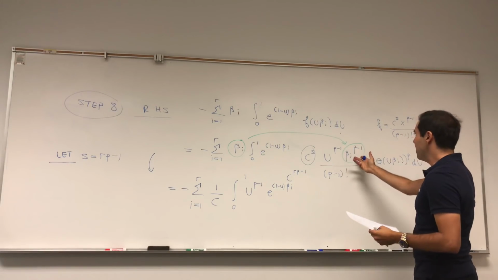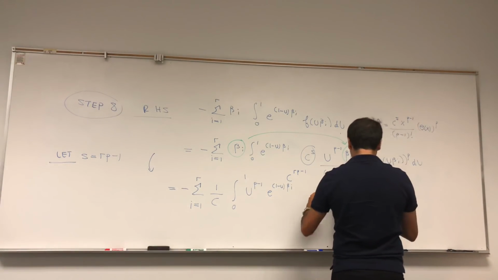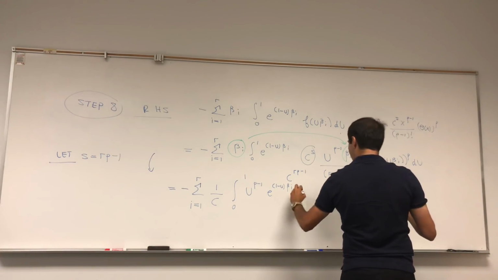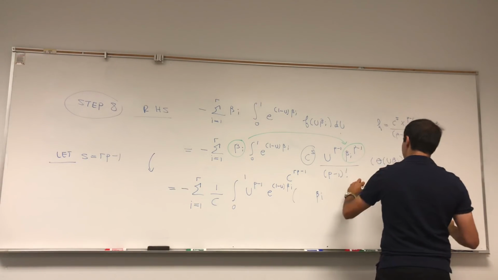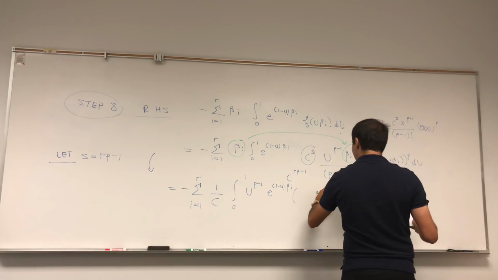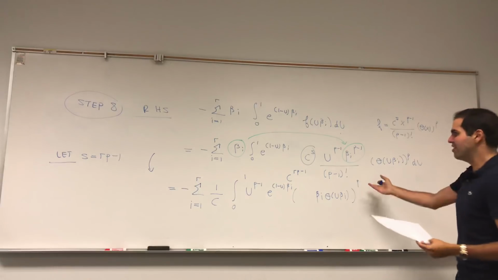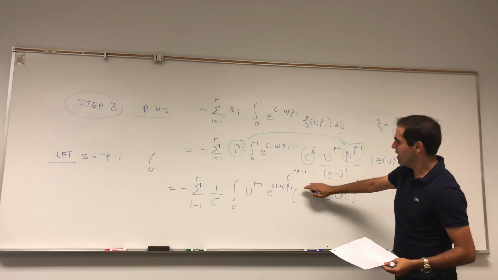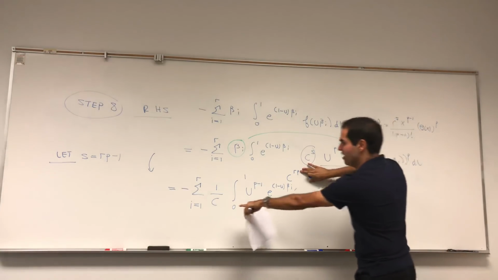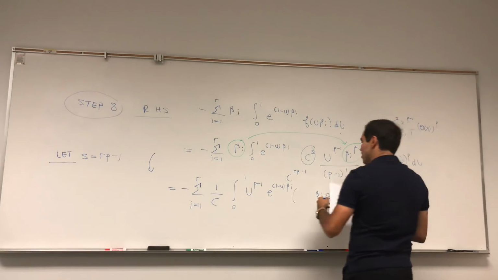Beta i times beta i to the p minus 1 is beta i to the p. So beta i to the p, and theta of u beta i also comes in with the power of p. And now look, we had this c to the rp minus 1. This minus 1 came here, and this just becomes c to the r to the pth power.